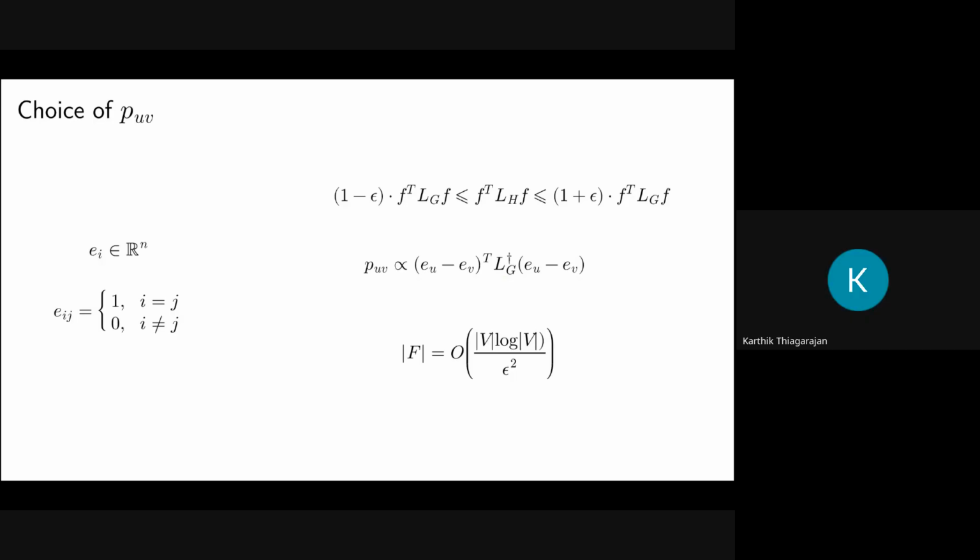Right, yeah. Regarding the actual normalization, I'm not very sure. Assuming that you can actually compute LG pseudo inverse, you can compute EU minus EV transpose LG pseudo inverse exactly. This quantity can be computed exactly, right? So you'll have n choose two such values, but then they are not really probabilities.